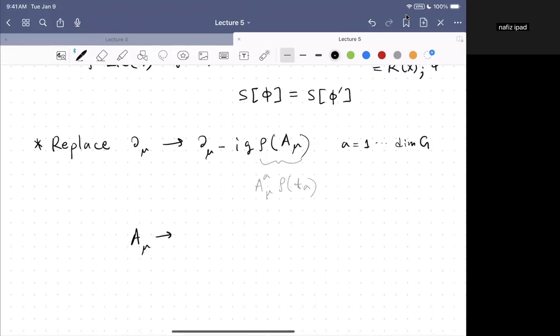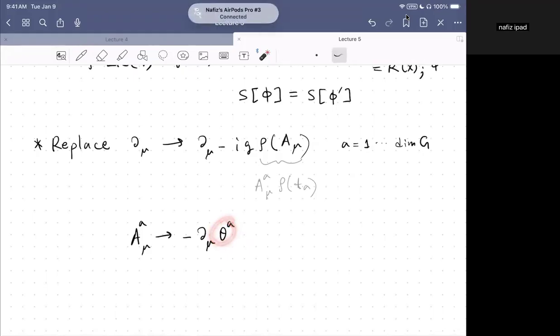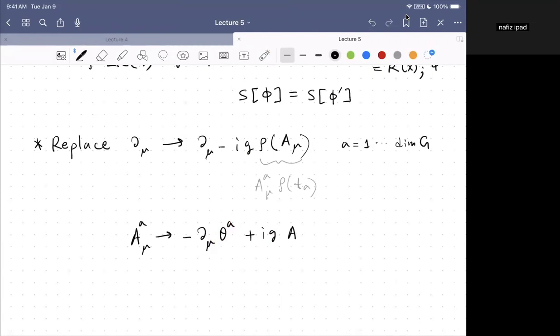It goes to minus a partial derivative of theta, where theta is a parameter that depends on spacetime, and this is the parameter of your gauge transformations. Something like this.